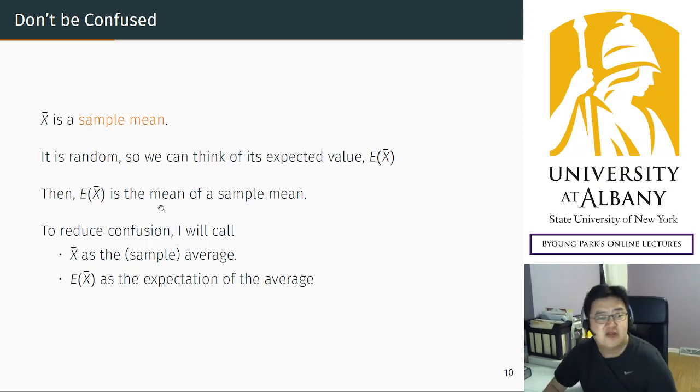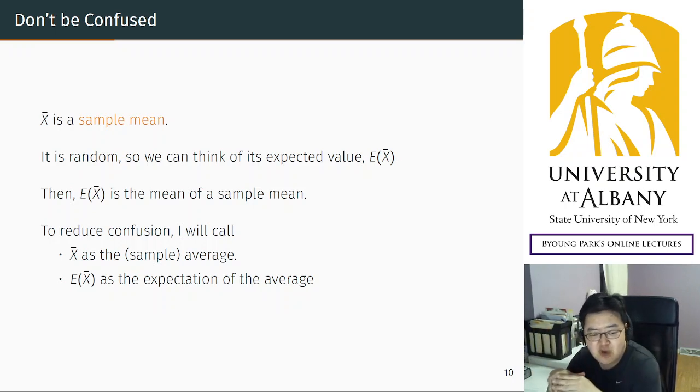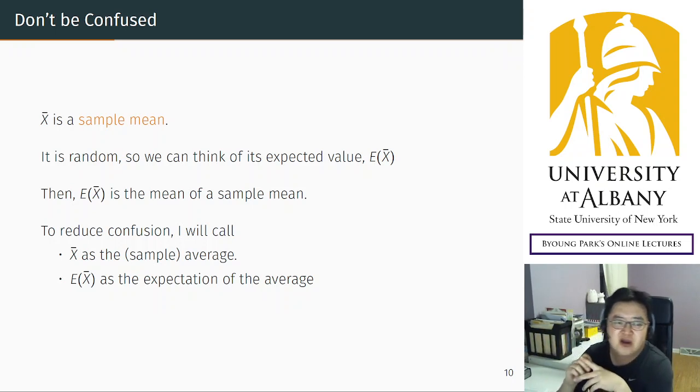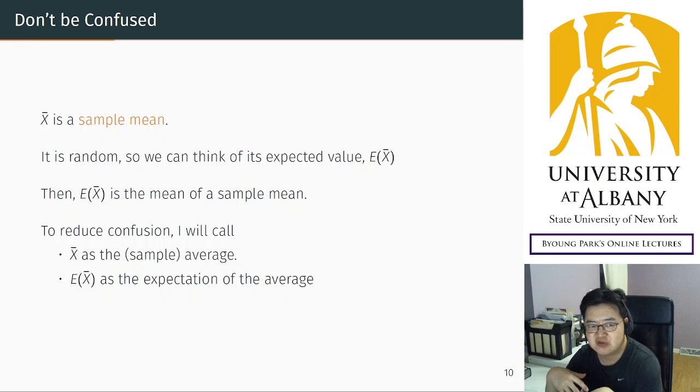So, of these two means, the first mean is the population mean, which is the true mean if you observe an infinite number of observations. But the second mean is a sample mean, as you can see here. This mean is calculated from a finite number of observations. So when you think about a mean, you have to tell if it is from the sample or the population.